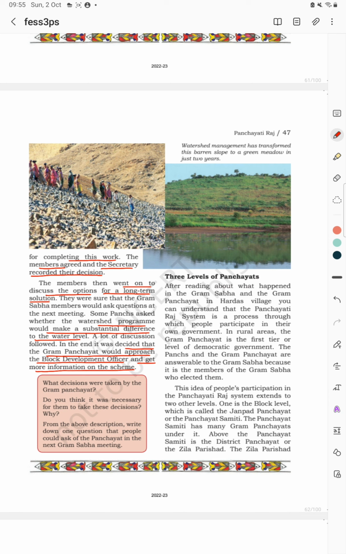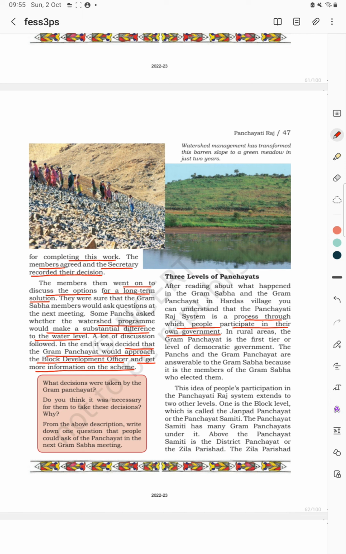Three levels of Panchayat. After reading about what happened in the Gram Sabha and the Gram Panchayat in Hatas village, you can understand that the Panchayati Raj system is a process through which people participate in their own government. We have seen how people participate in Gram Sabha, they ask questions and they ensure the accountability of the members.